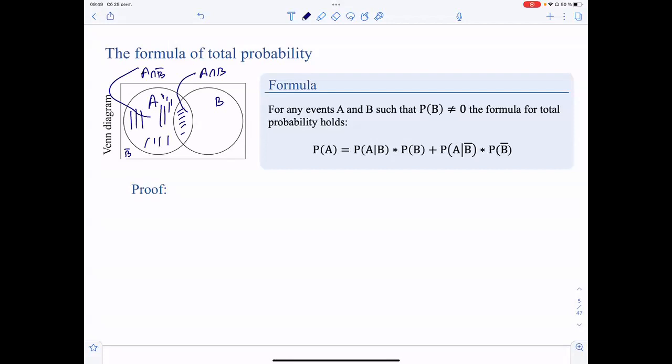And then you say that P(A) is the probability of A intersected B plus the probability of A intersected B complement. And once you apply the chain rule formula to both of these intersections, you'll get this formula.